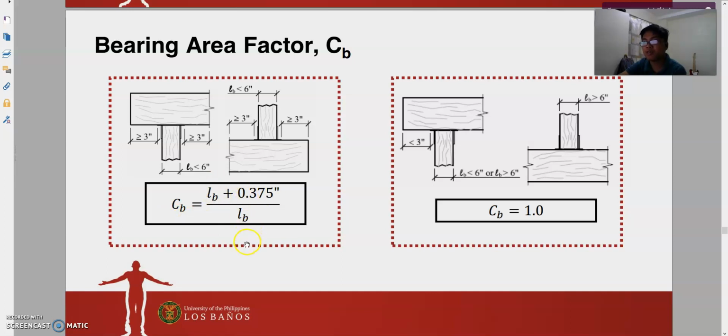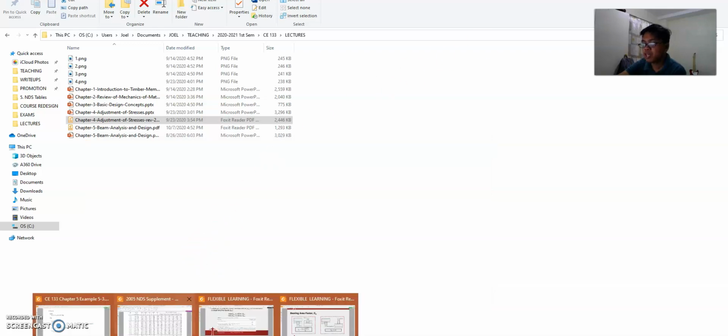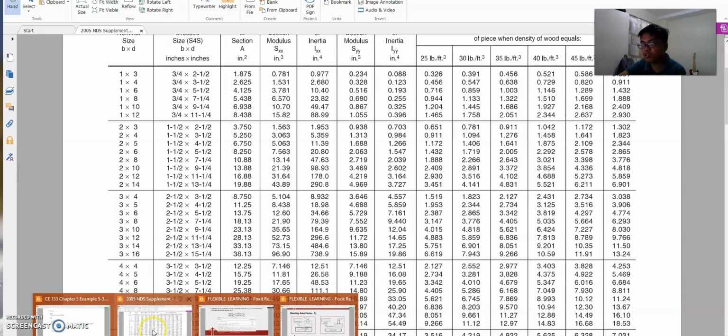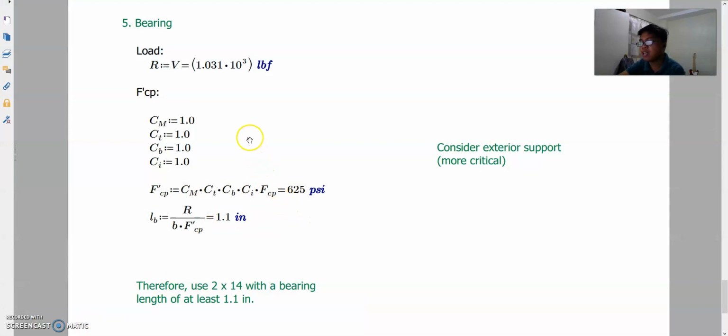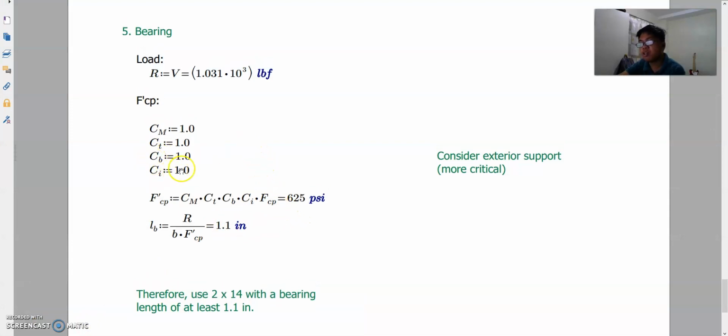Since this is a higher value, if we use the interior support, it would give us a higher CB and therefore higher strength and therefore lower bearing length. But we need the more critical, and so we consider the exterior support in which CB is equal to 1.